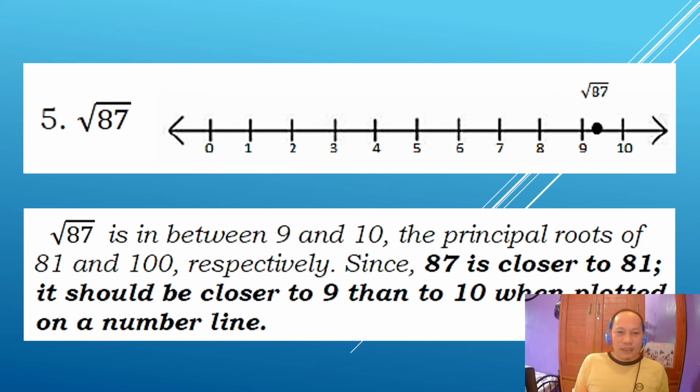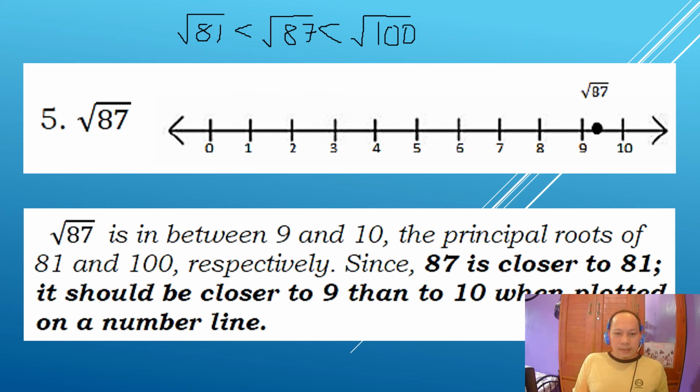Kung susulat natin uli, square root of 81 is lesser than square root of 87. But the square root of 87 is lesser than square root of, what is 81? 9 sunod ay 10, so that's 100. So, okay, it's 100. Okay?